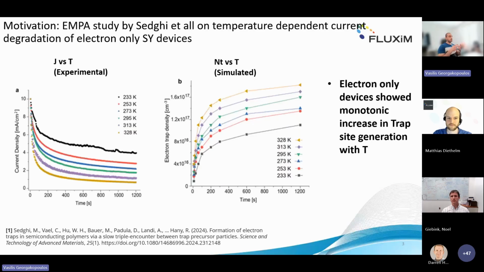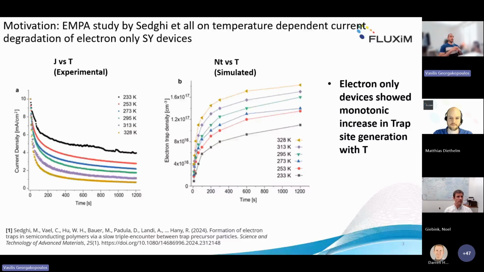And when they did this experiment, we can see in the left graph that basically the current decay follows this trend, where as we increase the temperature, the current decay increases for the same amount of time. And we can also perform electron trapping simulations with Setfos and simulate the current decay.